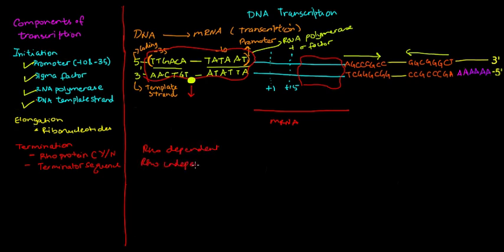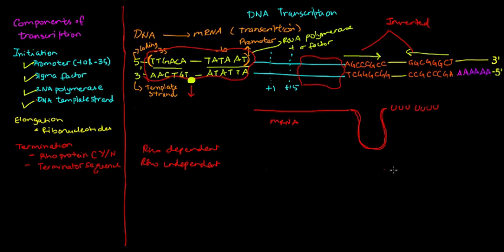First we'll talk about the rho independent termination. We have something called inverted repeats. What they do is form a hairpin like this, which is a very destabilizing structure, followed by a string of uracils that are complementary to these adenines.